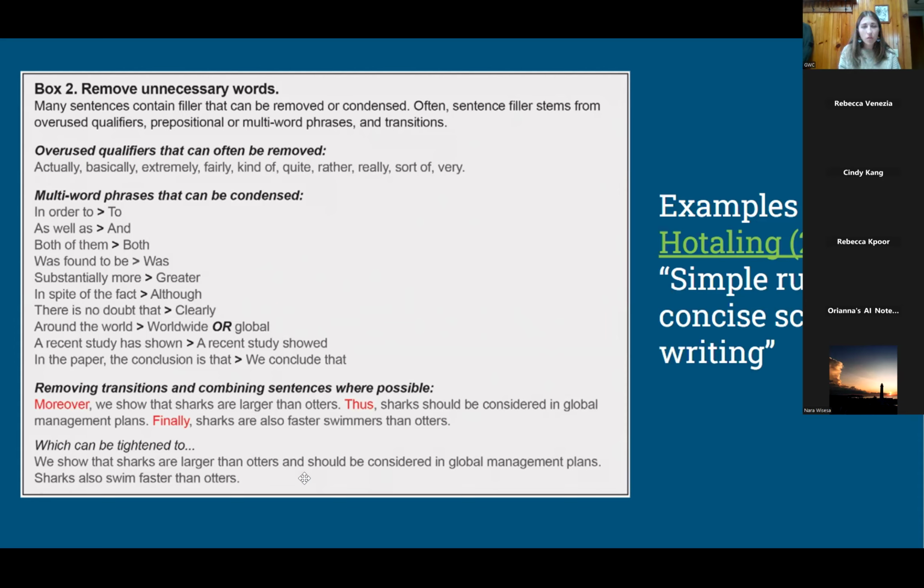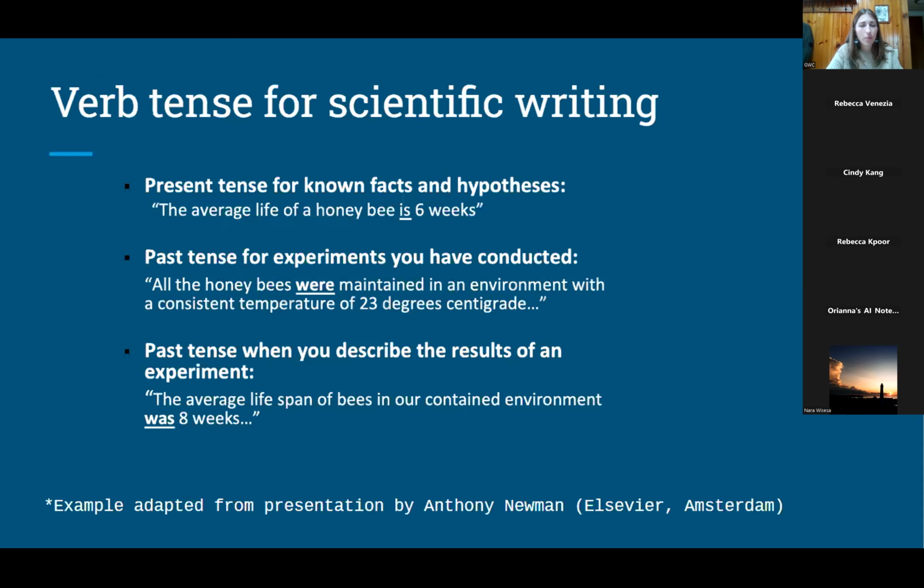Okay, so the next thing I want to talk about with abstracts is verb tense. Sometimes this is hard to remember and keep track of, but we do have different tenses that we use when we're describing our research. And this is similar not only in the abstract, but in other parts of your research paper.